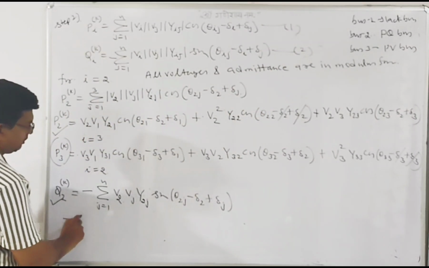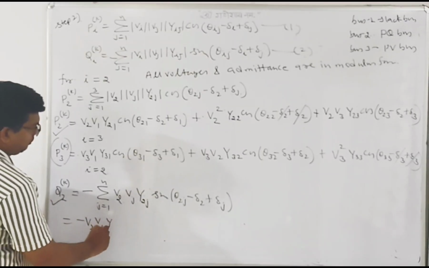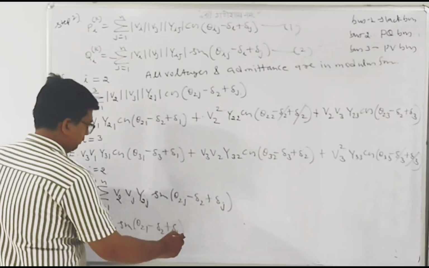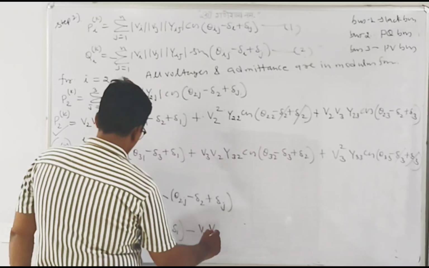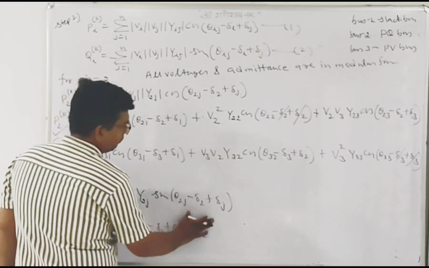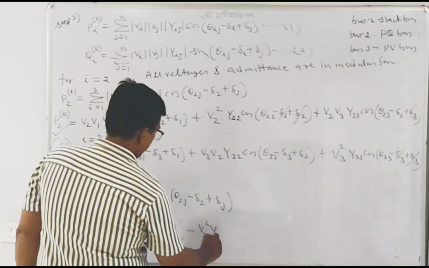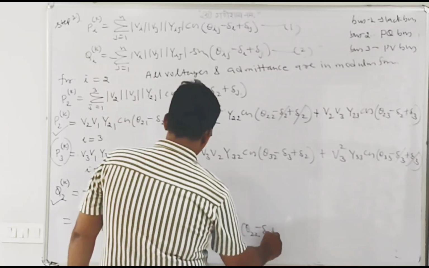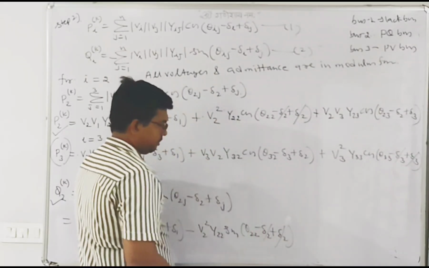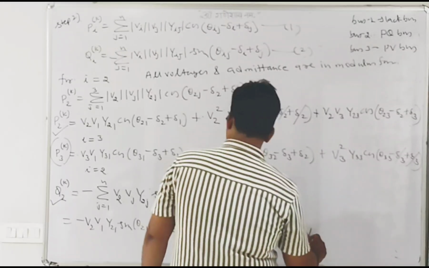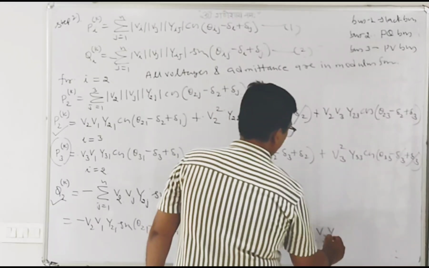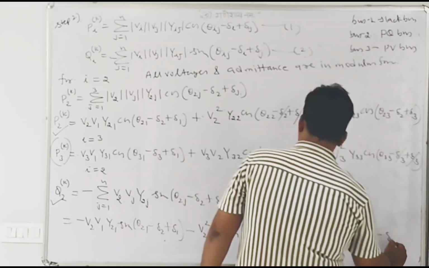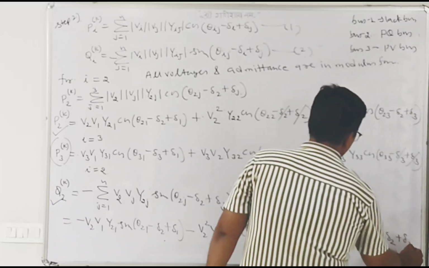Now again open the bracket: minus V2 V1 Y21 sine of (theta 21 minus delta 2 plus delta 1), minus V2 V2, so it becomes V2 square Y22 sine of (theta 22 minus delta 2 plus delta 2), again delta 2 will cancel out, minus V2 V3 Y23 sine of (theta 23 minus delta 2 plus delta 3).